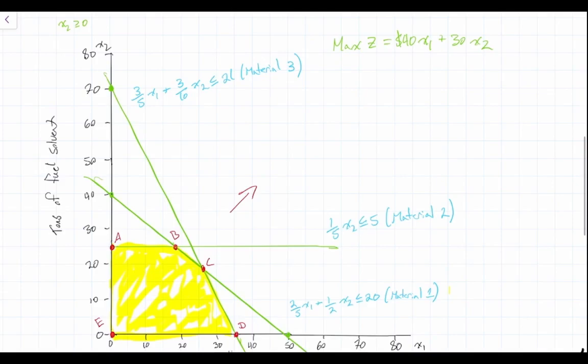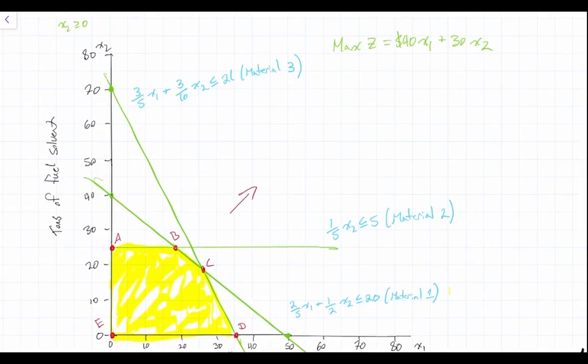It's easy to take a few of these points. At point A, we know that point A intersects with x2 at point 0, 25. Again, if you need a refresher on how we know that, see the previous video where we plotted this graphically.